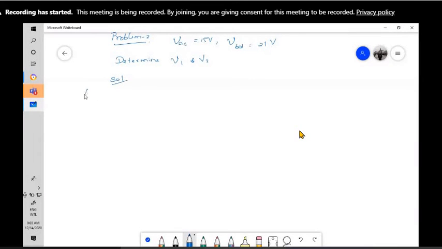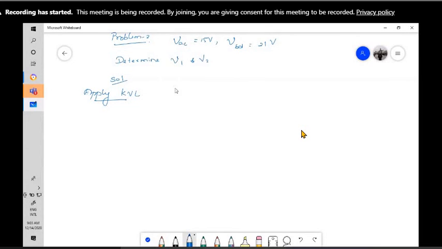Now I am going to apply Kirchhoff's voltage law, and this law states that the algebraic sum of voltage drops in a particular loop is equal to 0.